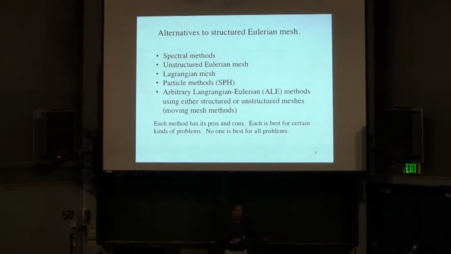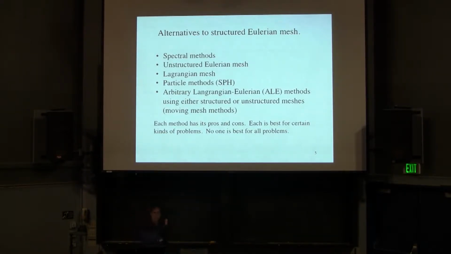You can use any arbitrary discretization you like and still have a finite volume algorithm that updates the equations in a conservative fashion. These methods are very popular for engineering problems because they allow for complicated shapes to be mapped easily. It's difficult to map, say, the shape of an airplane or the shape of a ship hull to a regular structured mesh, but for an unstructured grid, it's very easy to make extremely complicated shapes and treat boundary conditions easily that way. So they're very, very popular in engineering.